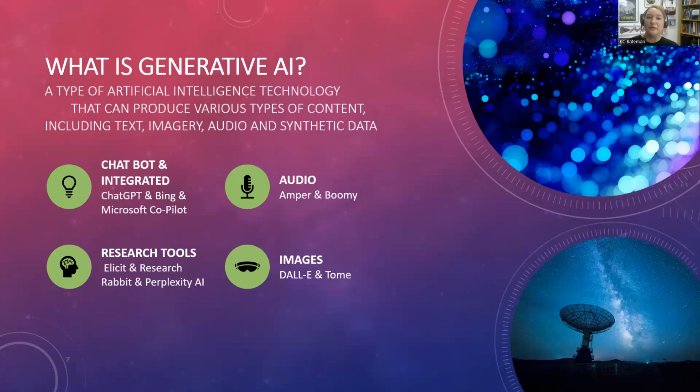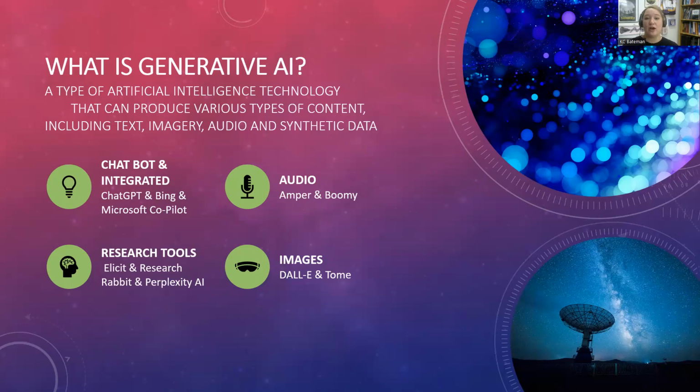So let's start with what is generative AI. You might have heard the term but not know the actual definition. It's a type of artificial intelligence technology that can produce various types of content, including text, imagery, audio, and synthetic data. I think we've all heard music from artists who have died a long time ago, or pictures of animals doing human things that have all been created by generative artificial intelligence.